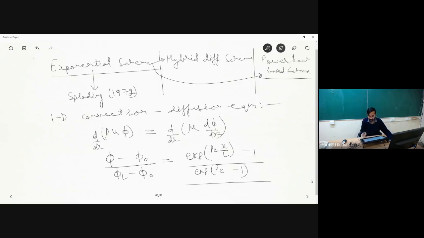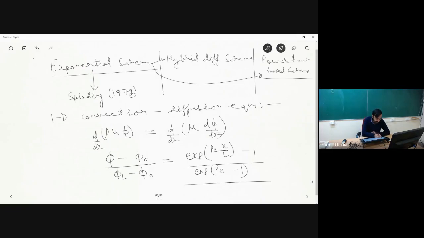Okay, so this is something which we have seen in our earlier lecture. So it means that for one-dimensional convection diffusion problems, if we try to see the variation of phi in the exact solution, it varies in an exponential fashion. Okay.